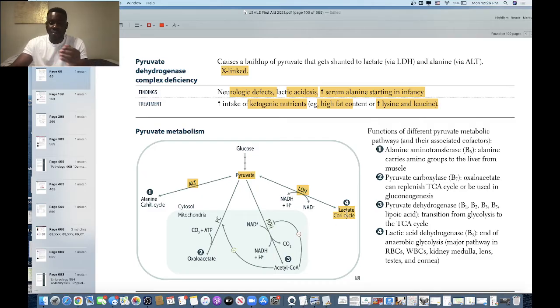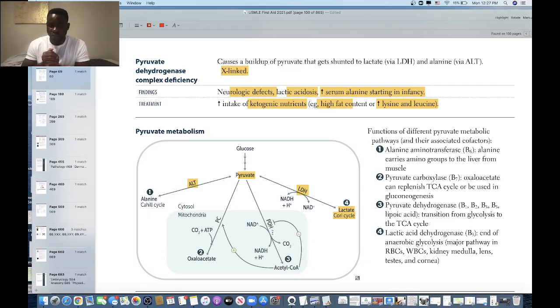Because if we give them glucose, it will make a lot of pyruvate. The pyruvate cannot be converted into acetyl-CoA. Therefore, it will be converted into lactic acid. So these children, when they lack this pyruvate dehydrogenase complex, would be having lactic acidosis from infancy, right? So we don't give them a glucose diet, we rather give them a ketone diet.